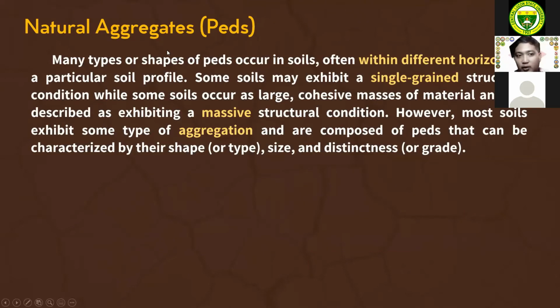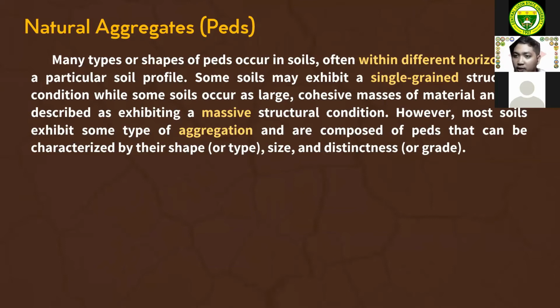So, natural aggregates or Peds. There are many types or shapes of Peds that occur in soils, often within different horizons. Karaniwan, ma-observe natin yung different aggregates, their different classification in different horizons. Sa surface, may ibang soil structure.